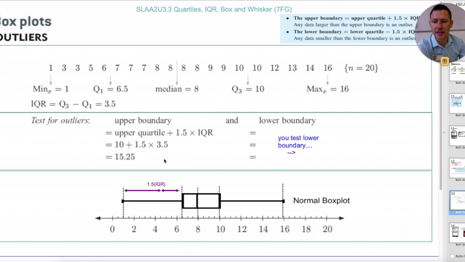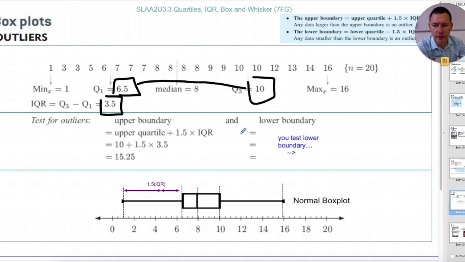So if we test the upper side, the IQR is 3.5. Sorry, Q1 was 6.5. I couldn't see with my old eyes. So this distance between here and here is 3.5, and 1.5 times that, and then add it to 10, add it to the top to see how far that goes, is 15.25.